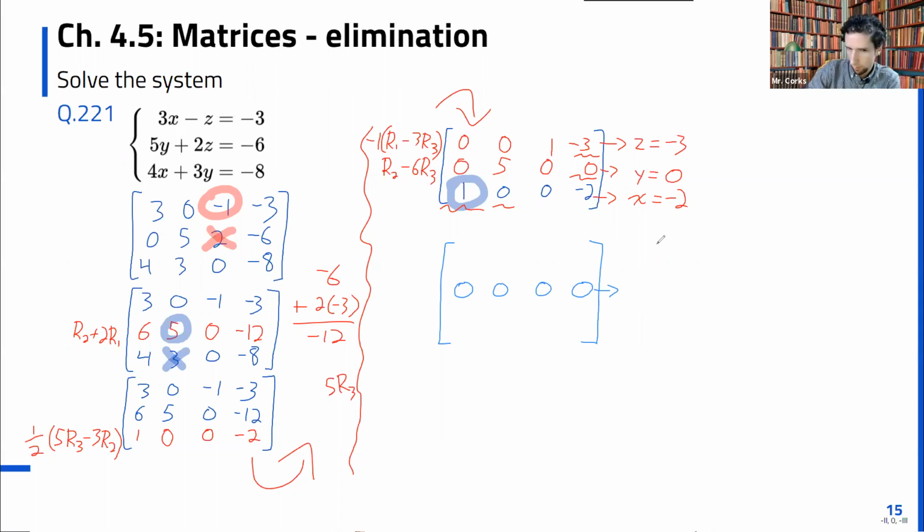Right. 0 doesn't assign to any row or any column, which means 0 is not equal to y or z or x. So this would mean like 0x plus 0y plus 0z is 0. So 0y equals 0. 0 equals 0.